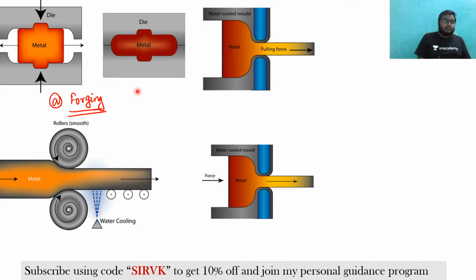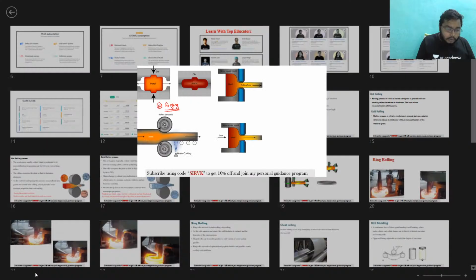You can give the compressive forces from an external source, like by hammering, or by using hydraulic machinery to give pressure. The means can be different, but you are giving compressive forces. When you give the compressive forces, this metal part will take the shape of the die. You can see here that the metal part has taken the shape of the die, and this entire process is known as the forging operation. Okay, so this is all about the forging operation.